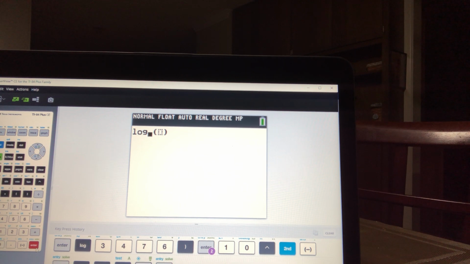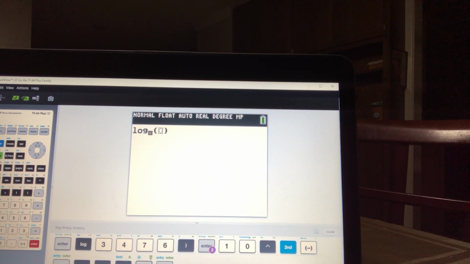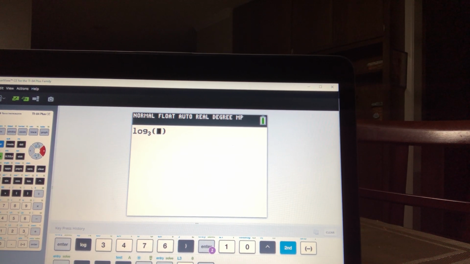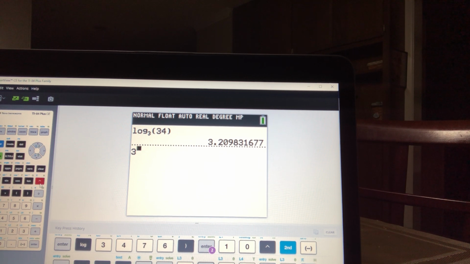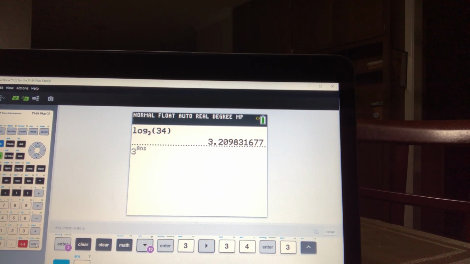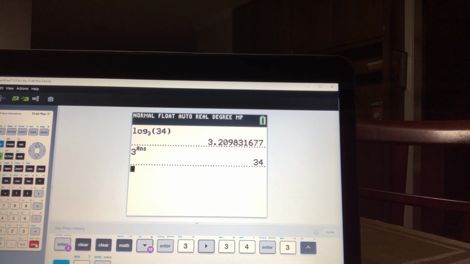So our numbers were 3 for the base, and then over here, 34, and then you get this answer. Okay, you'll be asked to round to the thousands place, so you would put 3.210 as your answer. Now keep in mind, that means if you took the base of 3, raised it to that answer, you would get the answer 34, the original number. That's what the logarithm is doing for you.